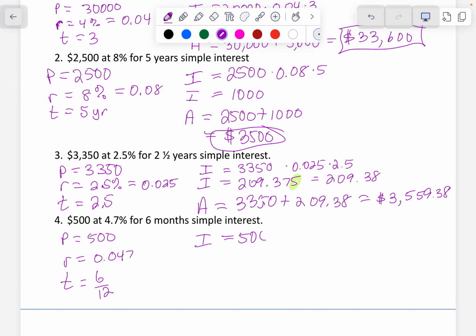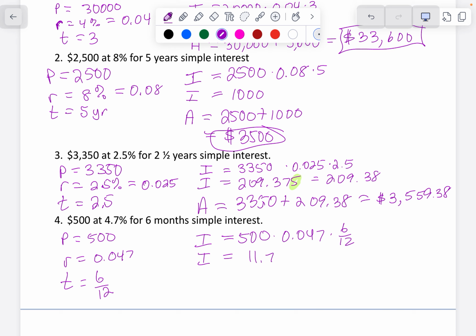It would be 500 times 0.047 times 6 over 12 is fine. 6 over 12 is the same as 1/2, is the same as 0.5. Any of those equivalents are going to get you the same thing. Again, you're going to get a funky decimal. Oh, you don't get a funky decimal. You get a pretty nice number.